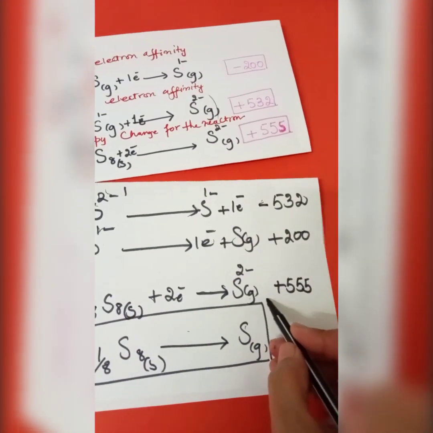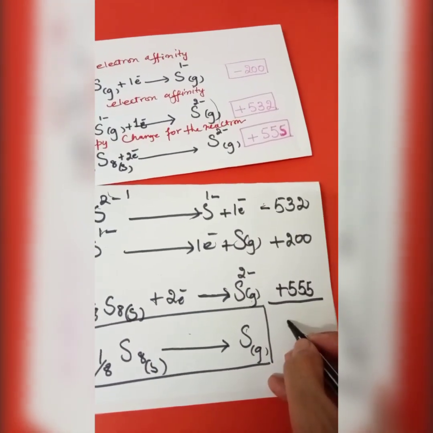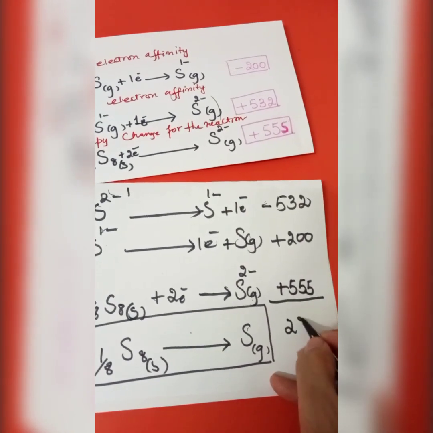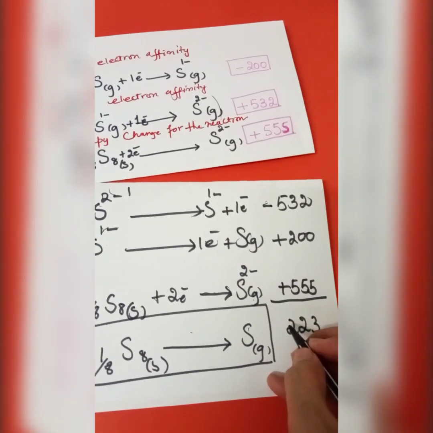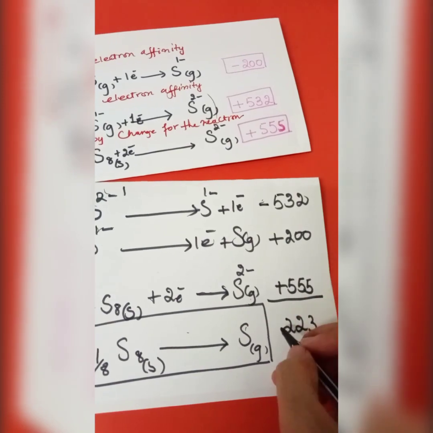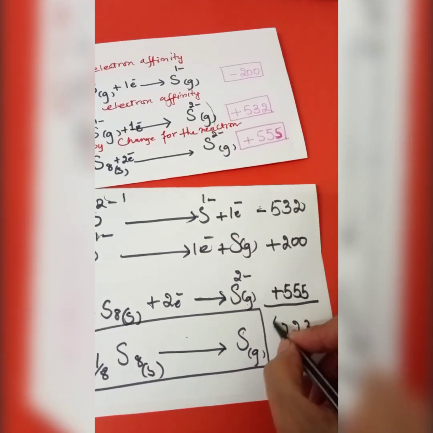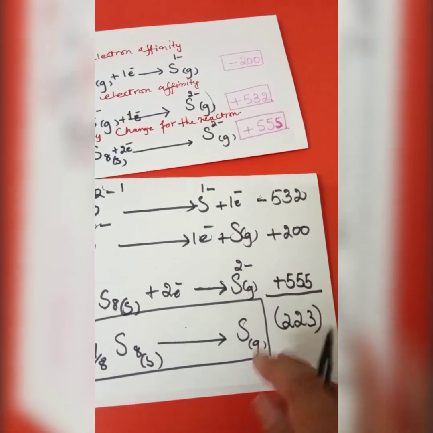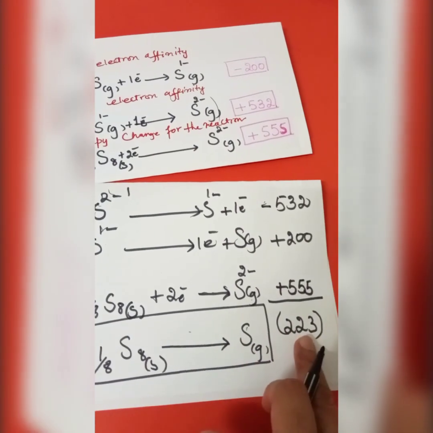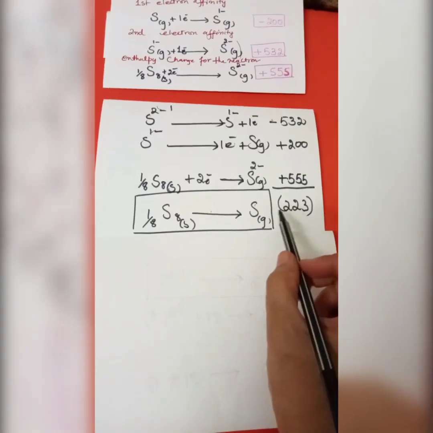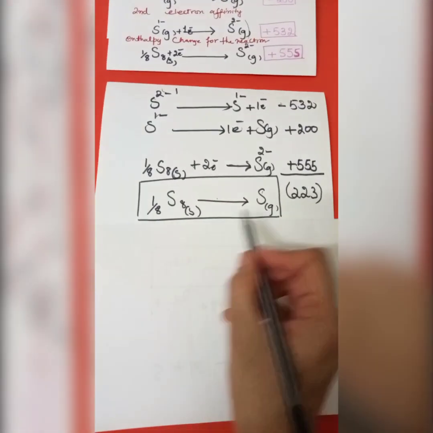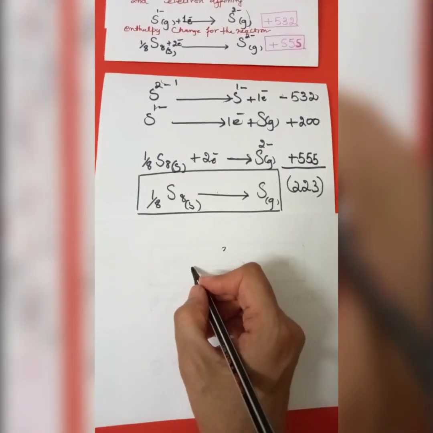Now when we solve this, we get the value 223, and since we need it for 8 sulfur atoms, we multiply by 8. You get the value of 223, but you are calculating for 8 sulfur atoms.